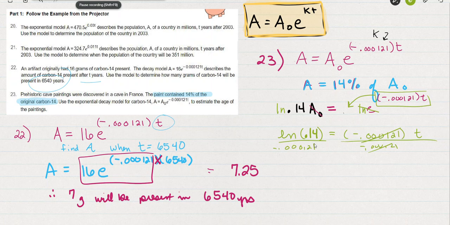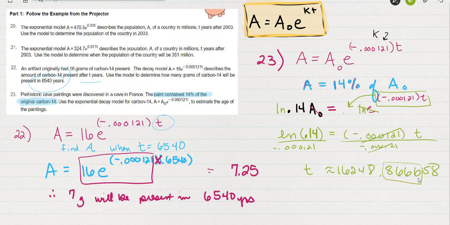So there's the exact amount for t. We also need to get an approximation for t. And when I put that into my calculator, I get that t is approximately 16248.86658.